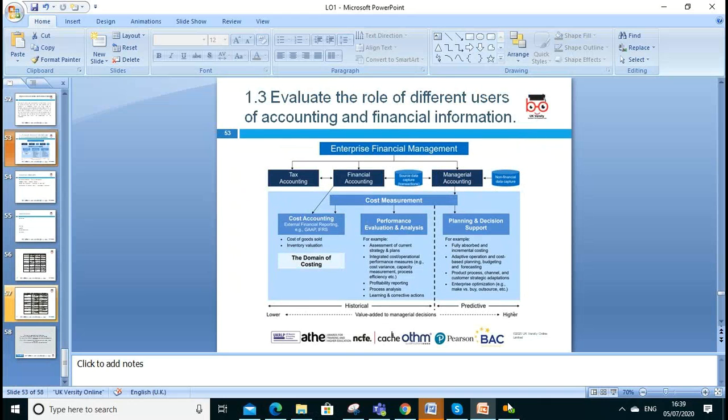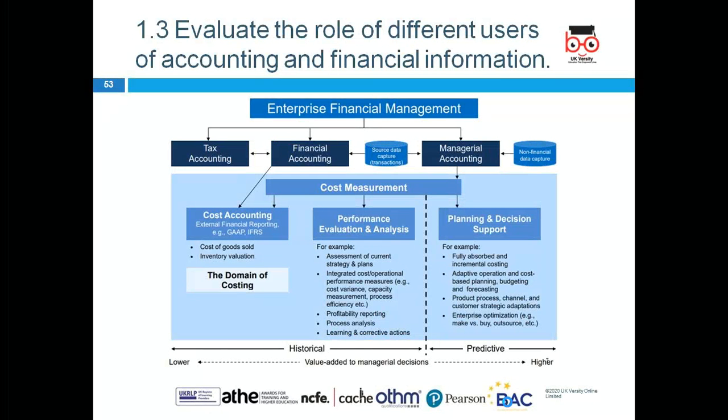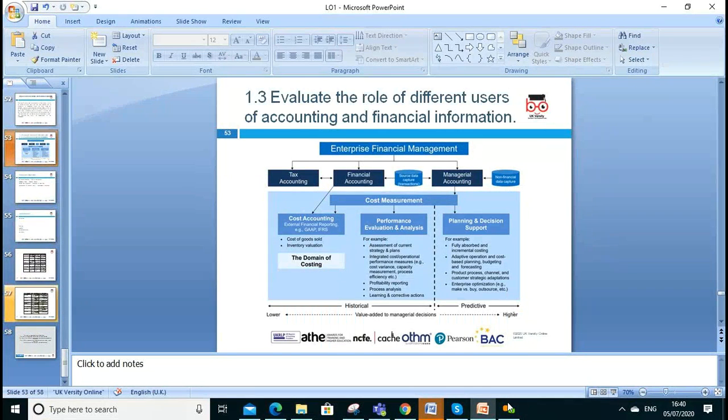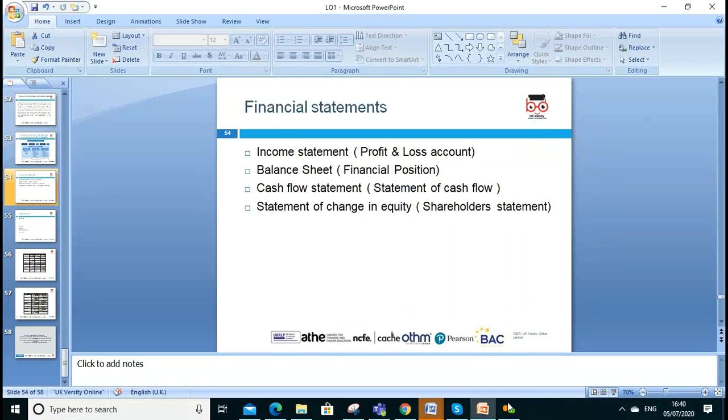Next we're looking at evaluating the role of different users of accounting and financial information. So we have different users, and we can look at all this information: cost accounting, performance management, and planning. We have various stakeholders, and they use the information.